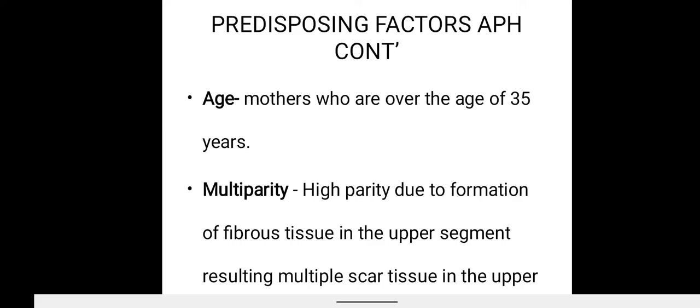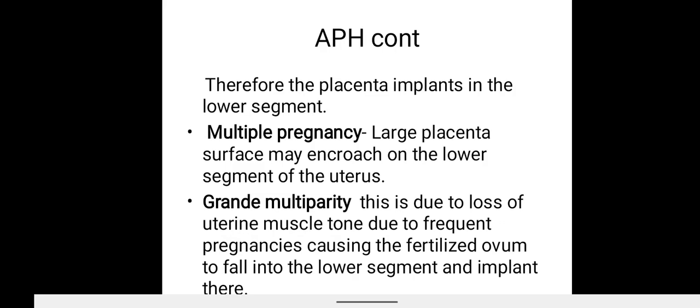This woman who is multiparous has weak muscles. She has been having a lot of children, let's say 10 or 13 children, so the tissues are weak. For the placenta to be implanted well, it will go into the lower segment. Also multiple pregnancy: a large placenta surface may encroach on the lower segment, because it's carrying more than one baby in utero.